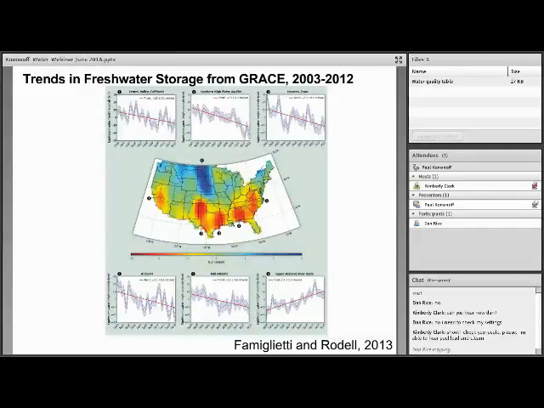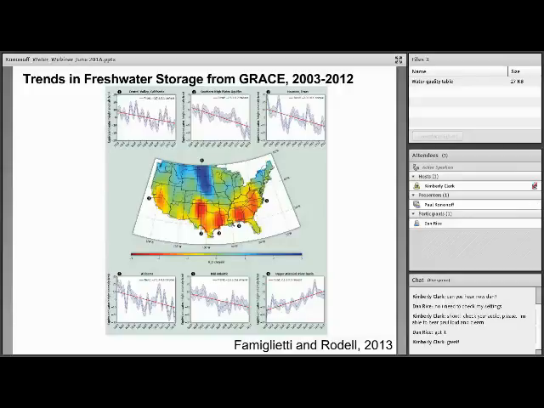What kind of trends have we seen in groundwater stores in the whole United States? There's a hydrologist from the University of California, Irvine, who has used a satellite named GRACE to track groundwater levels and freshwater storage across the country.